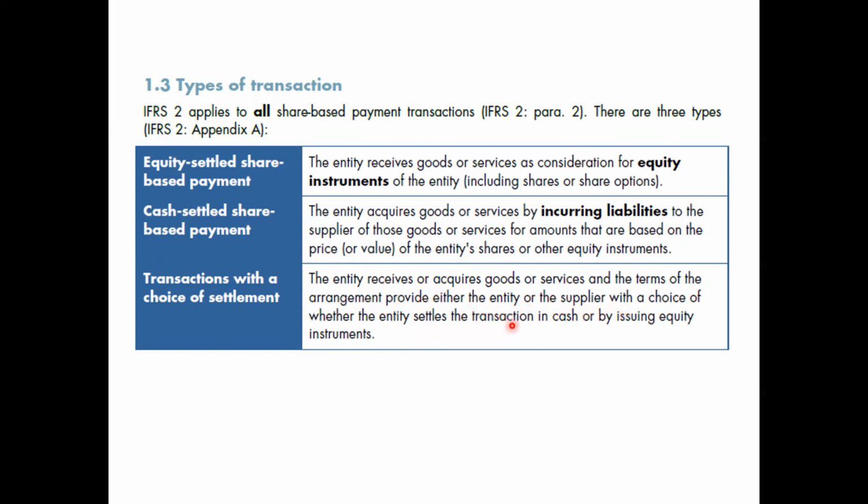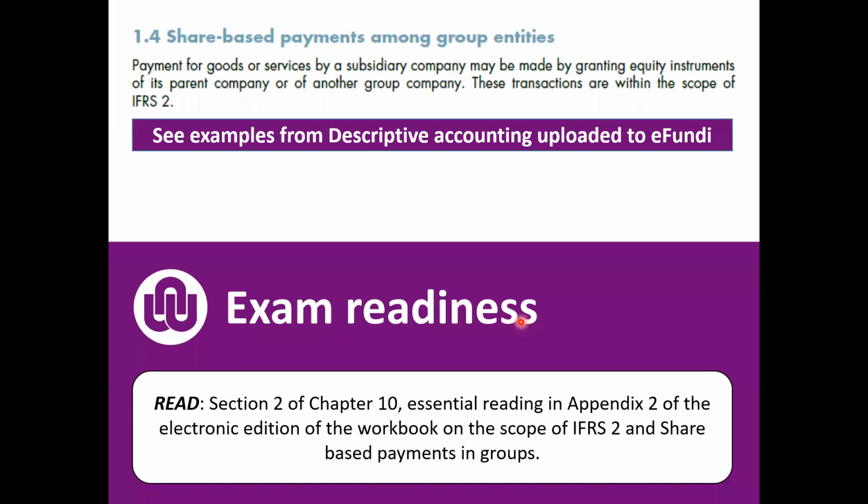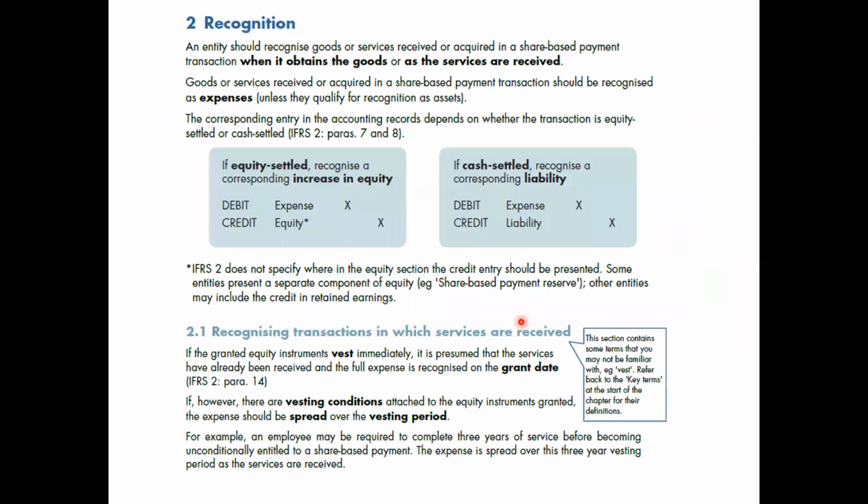So make sure we know how to account for it from the supplier's or the entity's perspective. We need to understand how to recognize share-based payments. The recognition journals are very important. For equity settled, we debit the expense and credit equity. For cash settled, we debit the expense and credit the liability. So make sure we understand those parts.